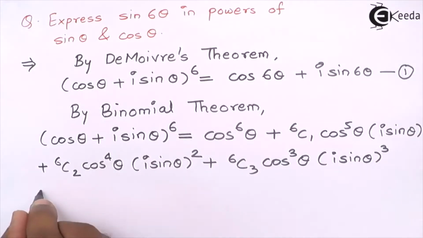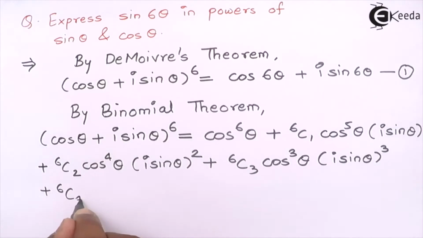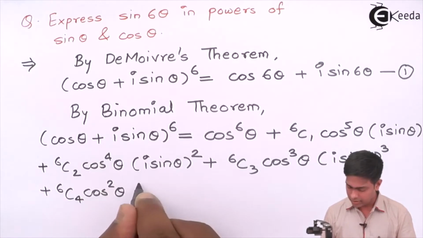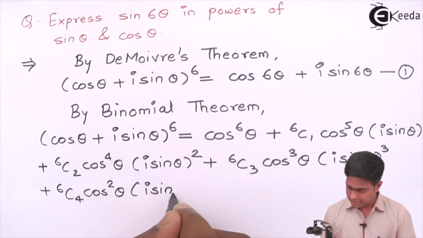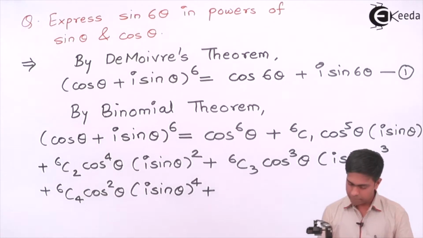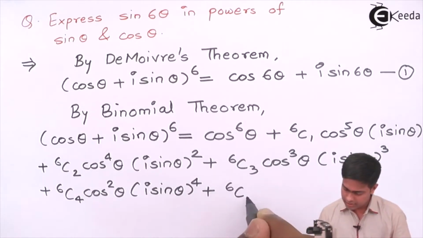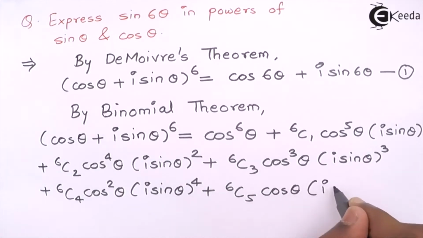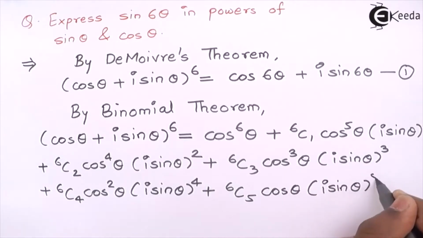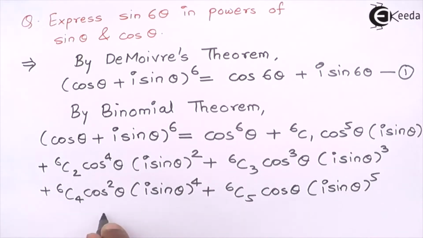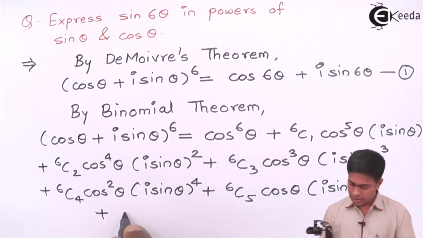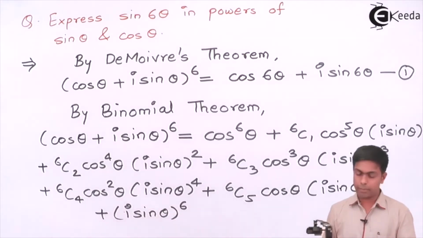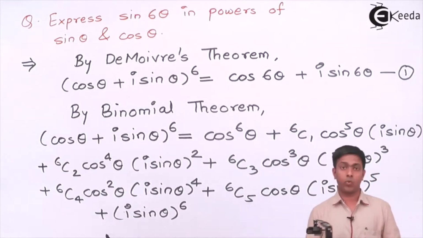Next plus 6C4, reduce this power, so cos square theta into (i sin theta) raised to 4, plus 6C5 cos theta into (i sin theta) raised to 5, and guys, the last term will be (i sin theta) raised to 6, because 6C6 will be 1.